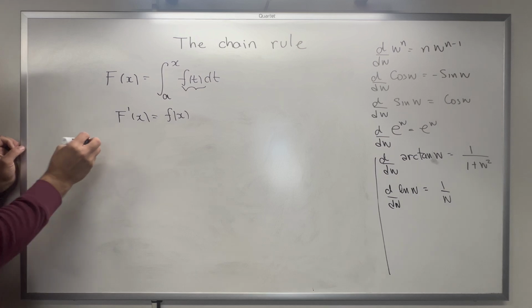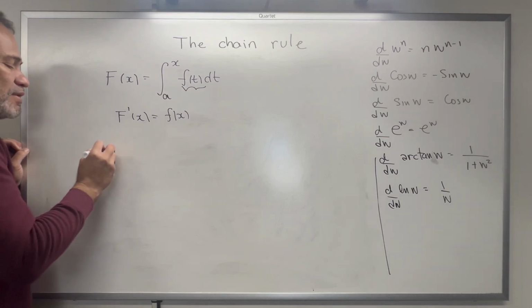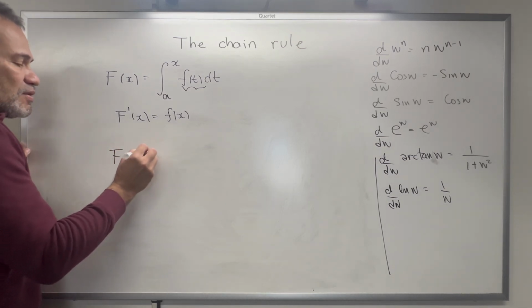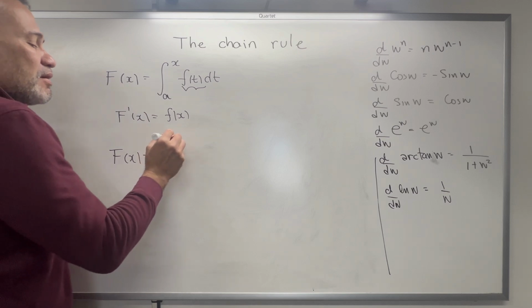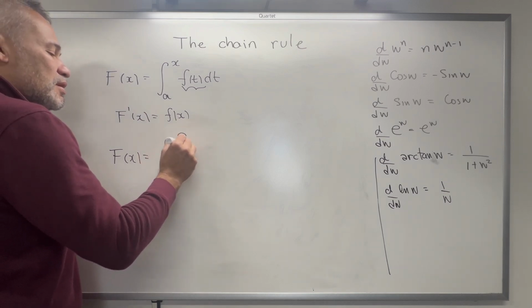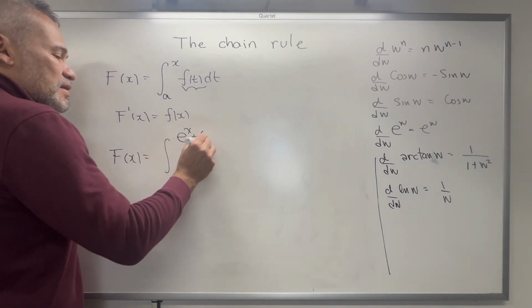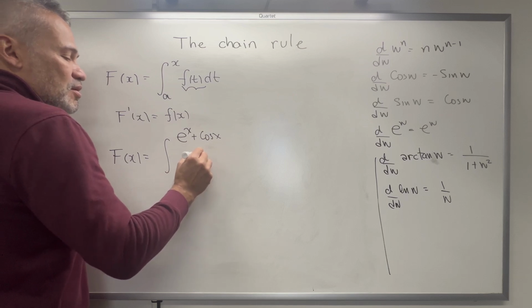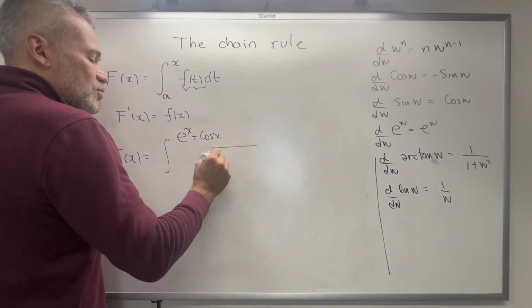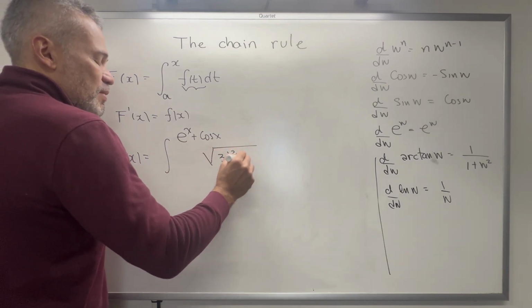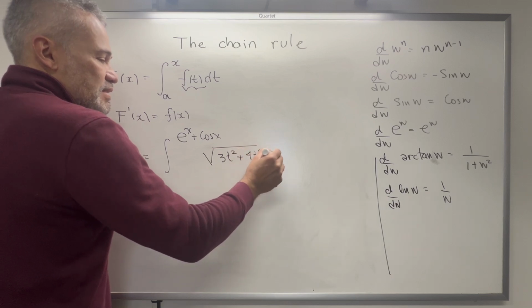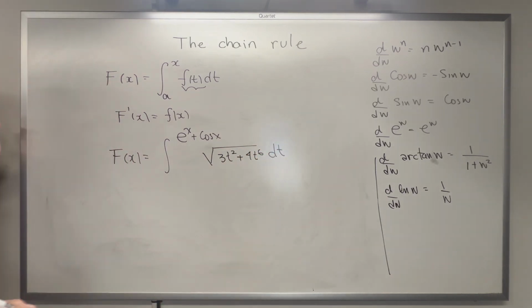Then let's do an example. If we have f of x equal to the integral from e to the x plus cosine of x of the square root of 3t squared plus 4t to the 6 dt.